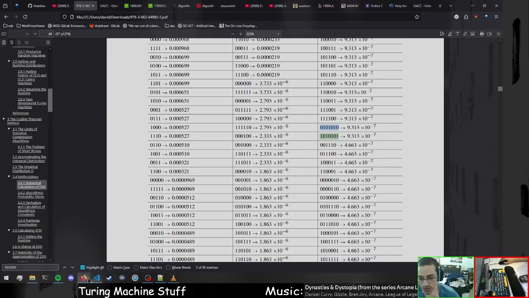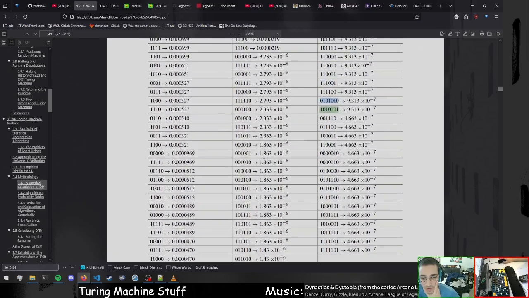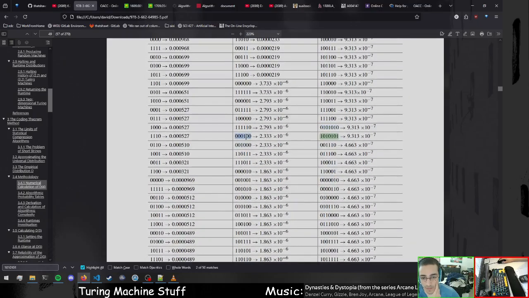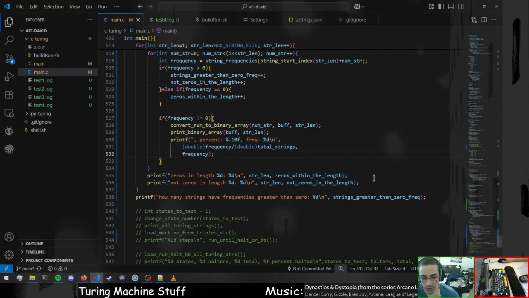Because apparently I'm able to generate most of the strings, but once I reach like length 6 or 7 strings, some of them aren't being found.